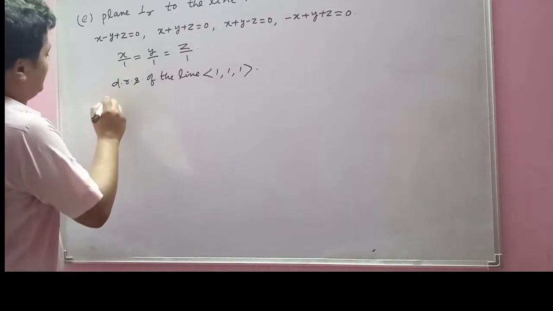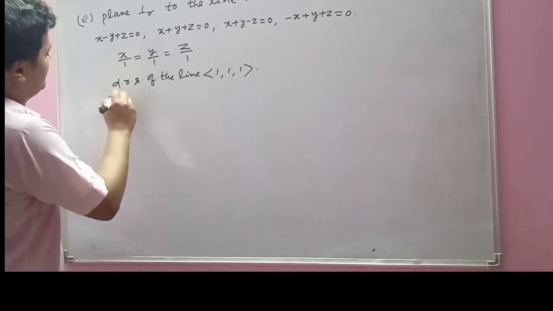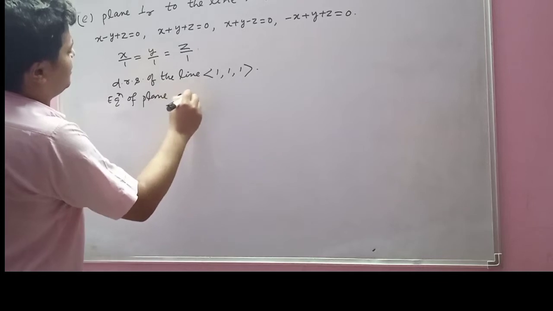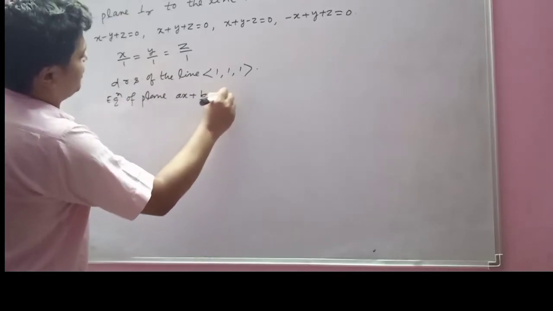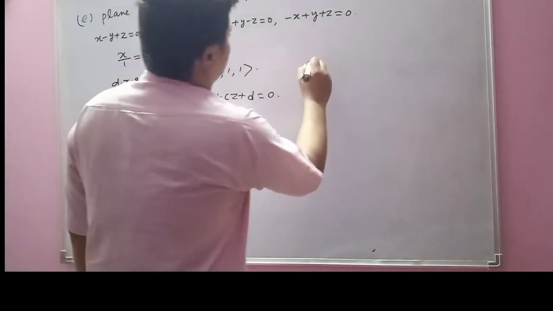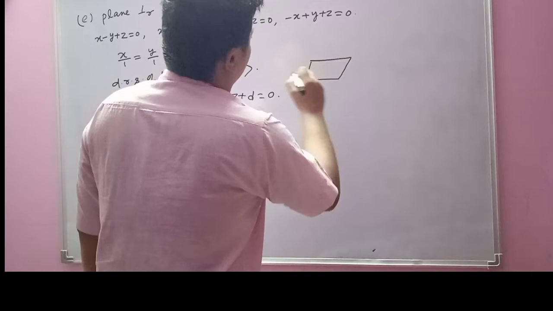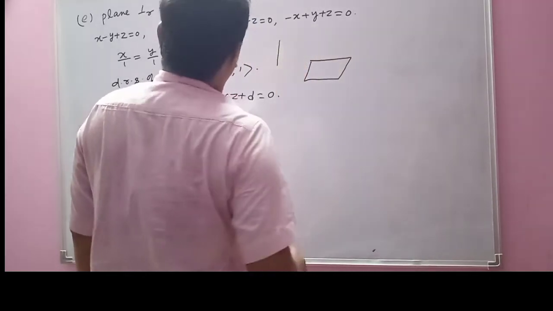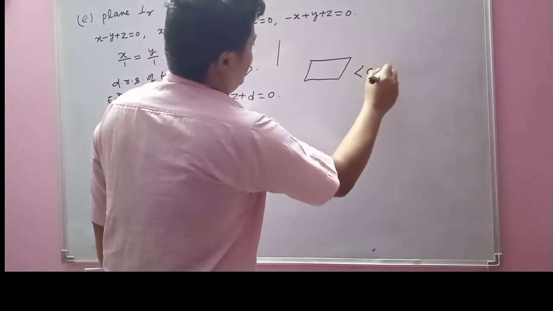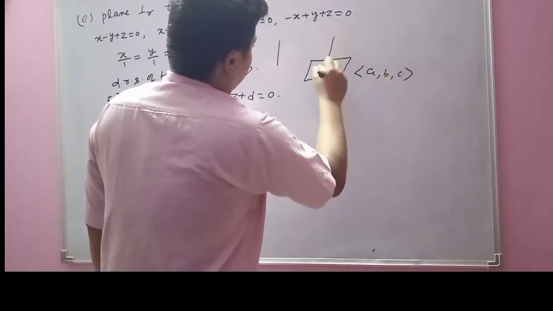So suppose the equation of the plane, assume ax plus by plus cz plus d equal to 0, right. Suppose this is the plane and this is the line. DRS of the normal to the plane are a, b, c, right.